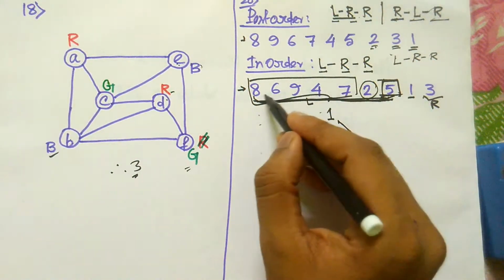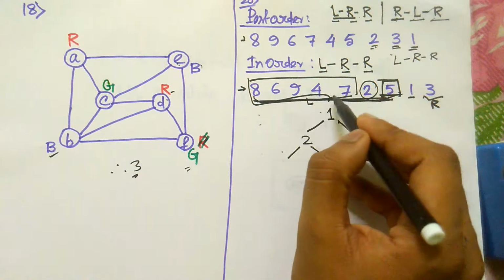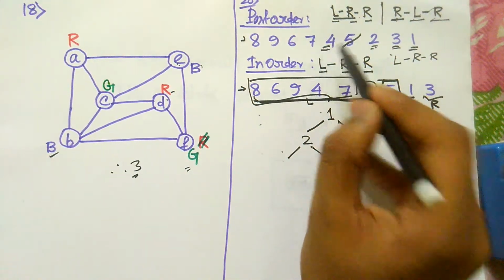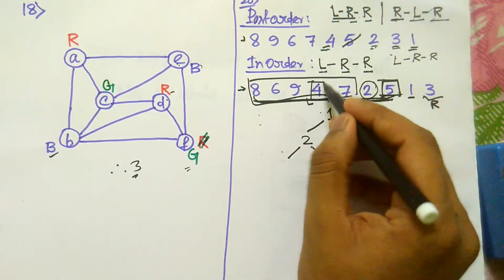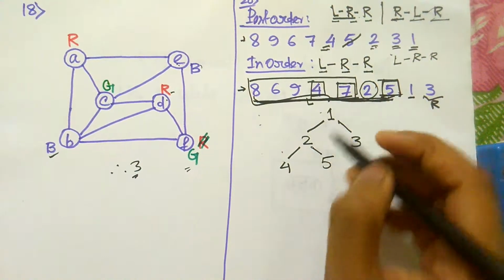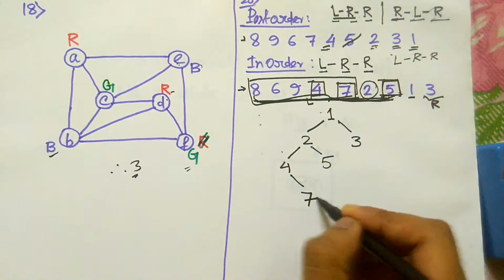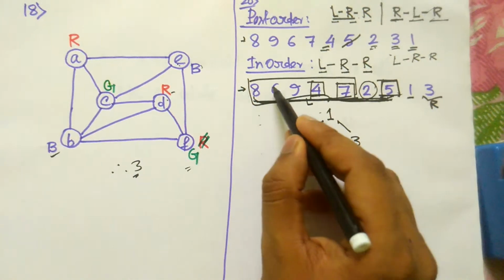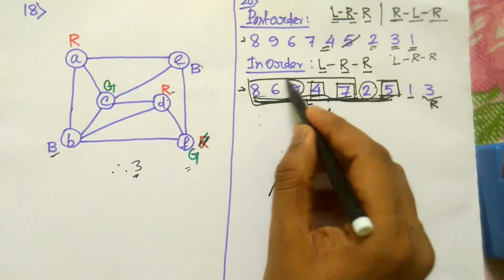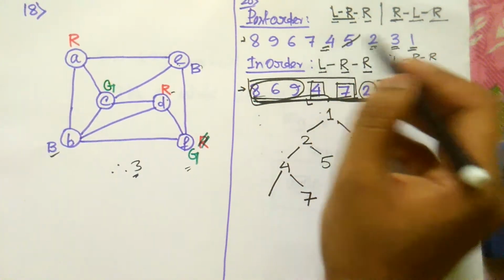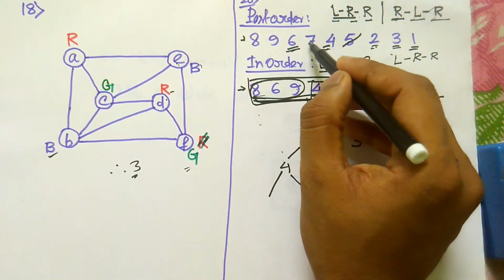Here we have 8, 6, 9, 4, 7. What is the next element? 5 is already taken, so 4 is the next element. So 4 will be the root and 7 is on the right. Among 8, 6, 9, the next element is 6, since 7 is already taken.